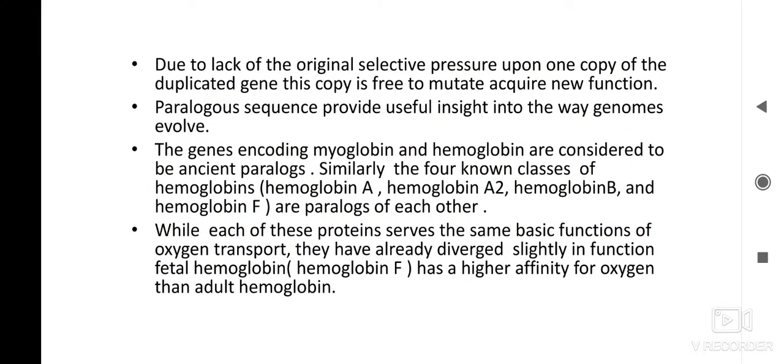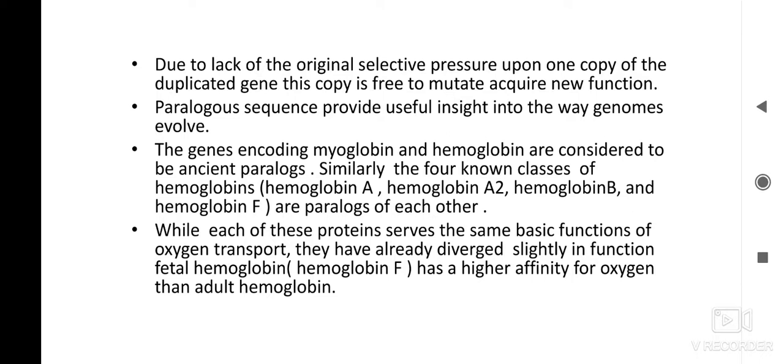Due to lack of the original selective pressure upon one copy of the duplicated gene, the copy is free to mutate and acquire new function. Paralogous sequences provide useful insight into the way genomes evolve. The genes encoding myoglobin and hemoglobin are considered to be ancient paralogs.